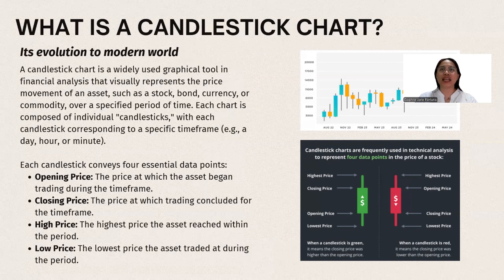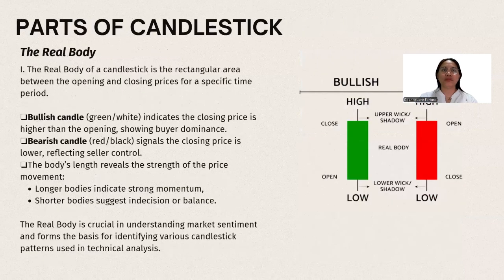Each candlestick displays 4 key data points: the opening price, the closing price, the highest price, and lowest price. Candlestick charts provide a concise yet detailed view of an asset's price fluctuations, enabling analysts and traders to assess market trends, volatility, and sentiment with clarity.